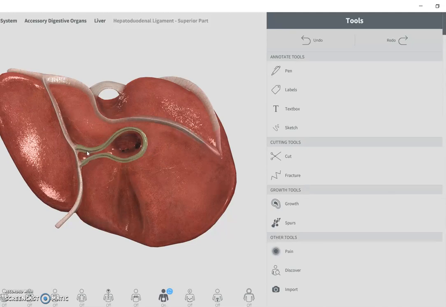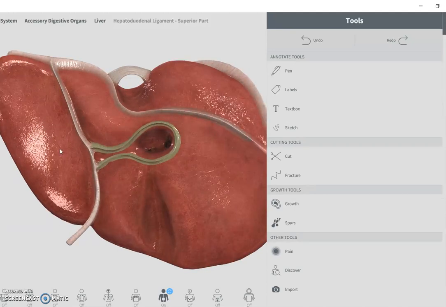It is like a sheet encasing the common bile duct, the hepatic artery proper, as well as the hepatic portal vein. Here is where we find the porta hepatis, where we have the common bile duct, the hepatic artery proper, as well as the hepatic portal vein.